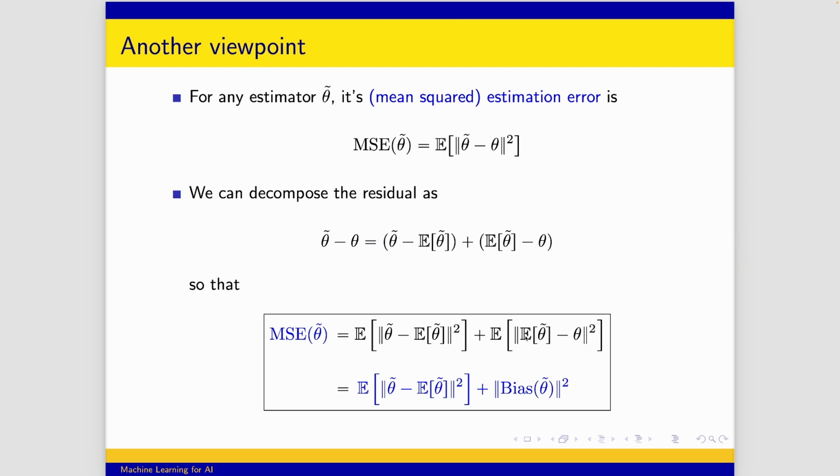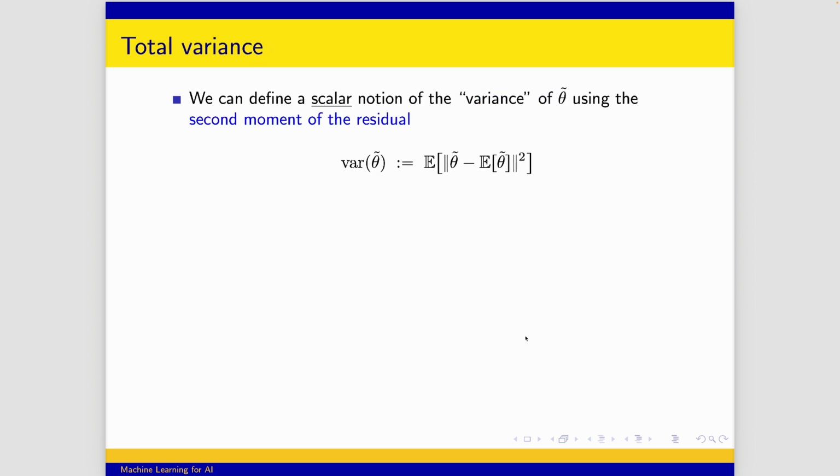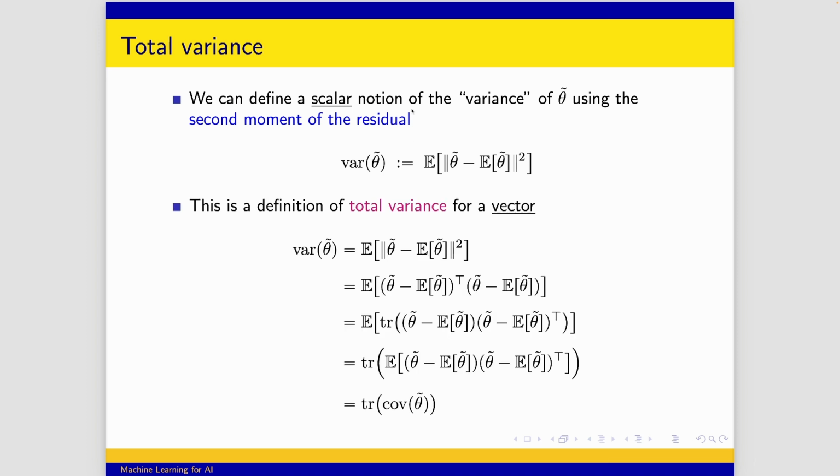Okay, so where does this take us? Well, we can define this quantity, which I wrote down on the previous slide, that was the first term in that sum. We can define a scalar notion of variance using this quantity. And what is it? It's the second moment of this residual here, theta tilde minus its expected value.